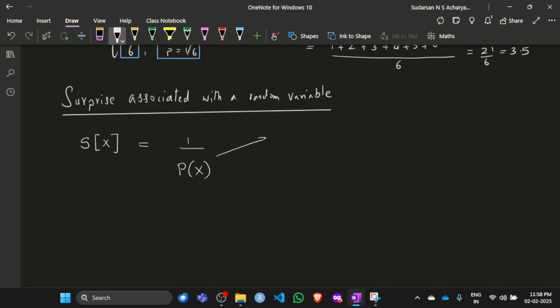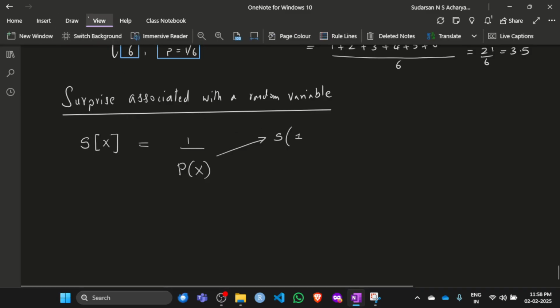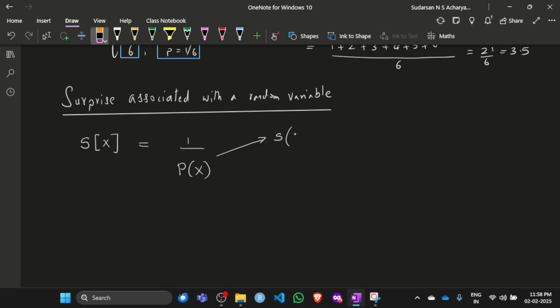So for example, what's the surprise associated with the roll showing up a 1, right? The surprise associated with the roll showing up 1 is simply equal to 1 over the probability that the roll is 1. This is 1 over the probability that the random variable x takes a value 1, right?